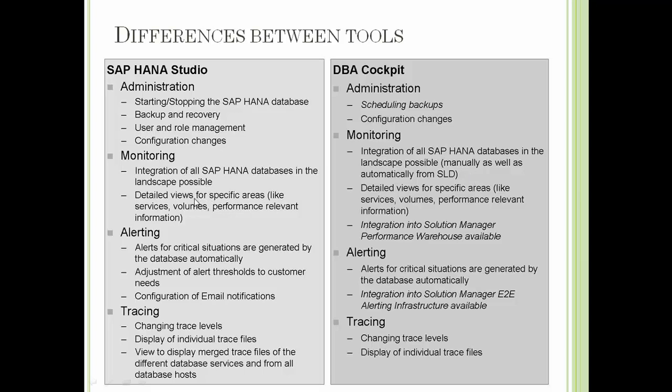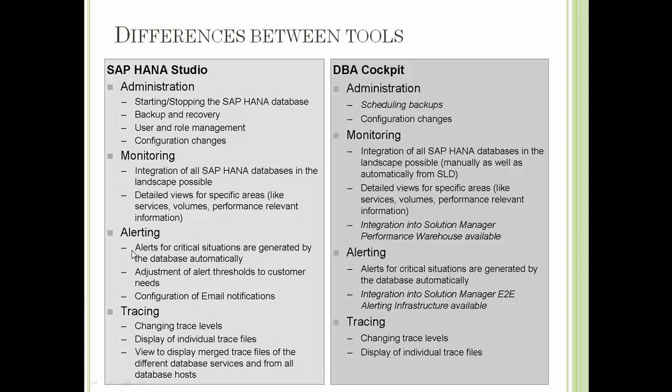And the next point would be a detailed view of specific areas, which is possible in HANA Studio. And similarly in DBA Cockpit also, this is possible. But it offers an additional option where you can use the performance warehouse infrastructure of the Solman. We can integrate the HANA system for using the performance warehouse infrastructure.